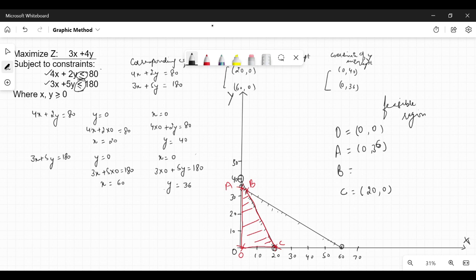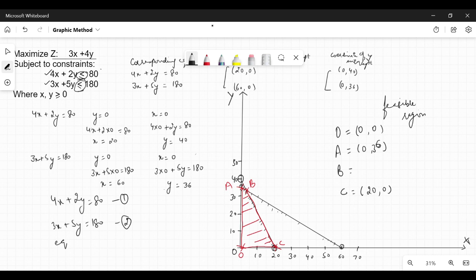So in this case, we will equate these two lines in order to find out the coordinate at this point. We will write 4x plus 2y is equal to 80 and 3x plus 5y is equal to 180. Let's suppose this is my first equation and this is my second equation. We will multiply equation 1 with 3 and equation 2 with 4, and then we will subtract these two equations.